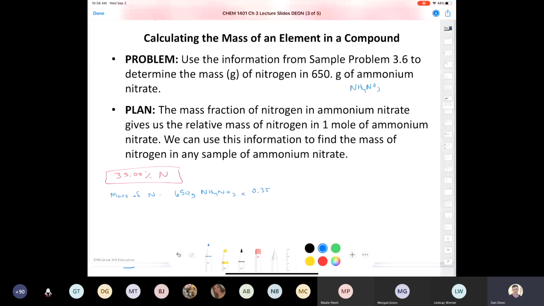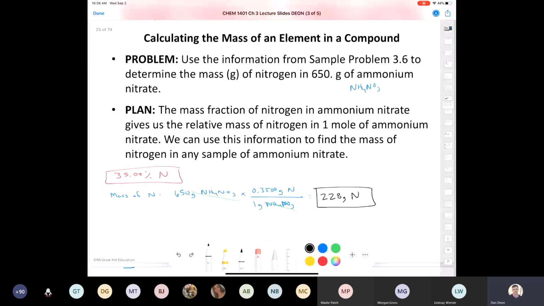You can see that grams of ammonium nitrate cancel out, and I'm left over with 228 grams of nitrogen.